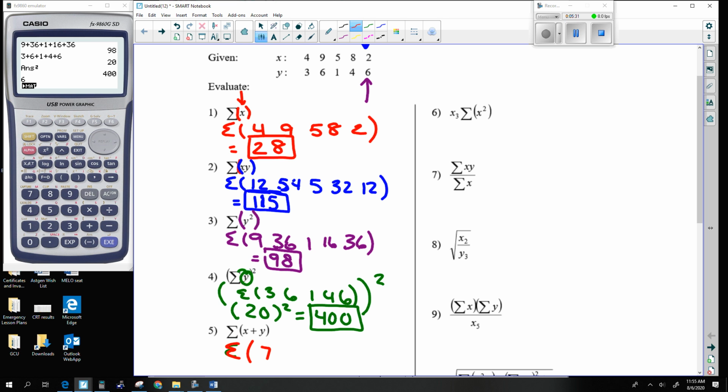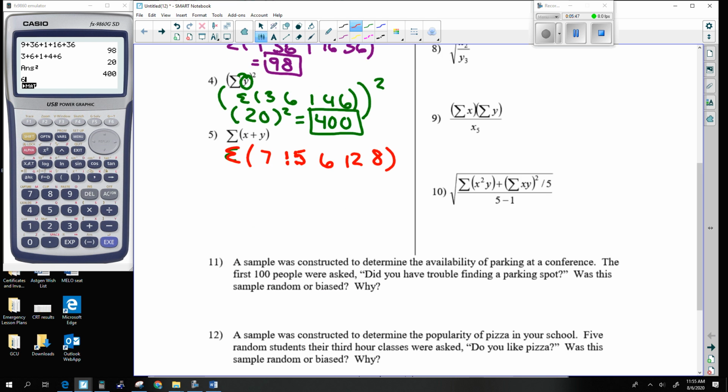Then I have 9 and 6. And then I have 5 and 1. Then I have 8 and 4. And then I have 2 and 6. So those are those. Now I have the inside answers, so those are the things that I sum up.